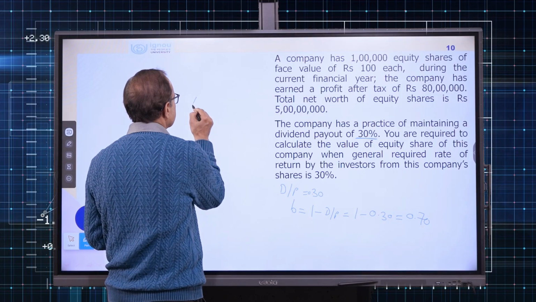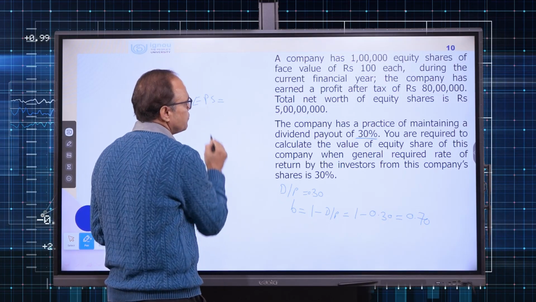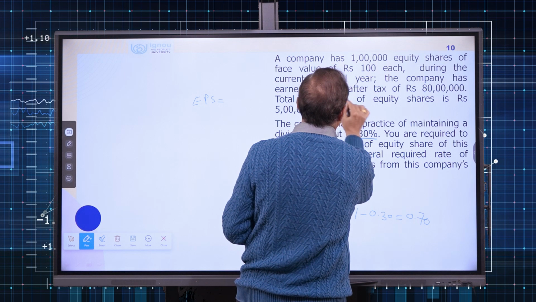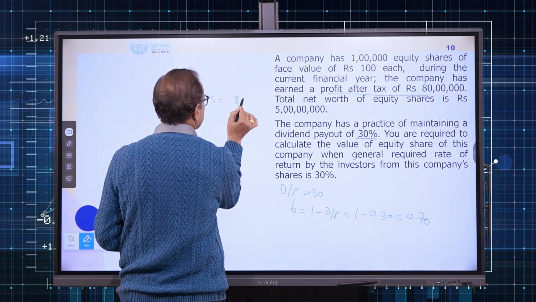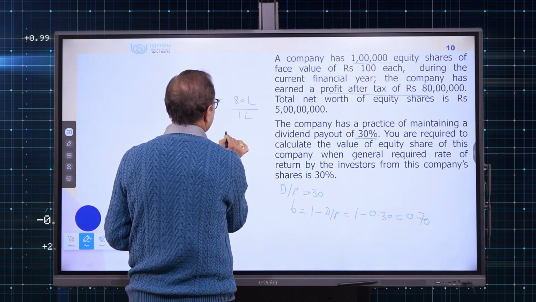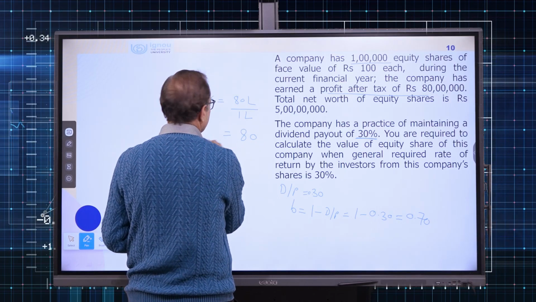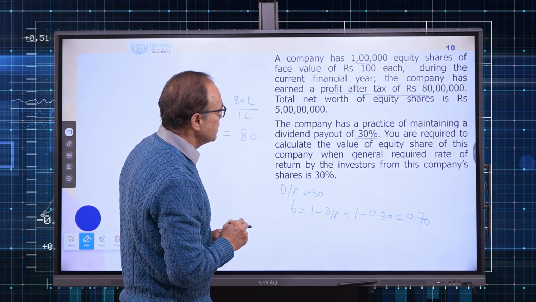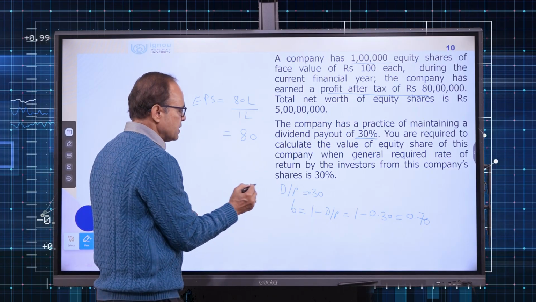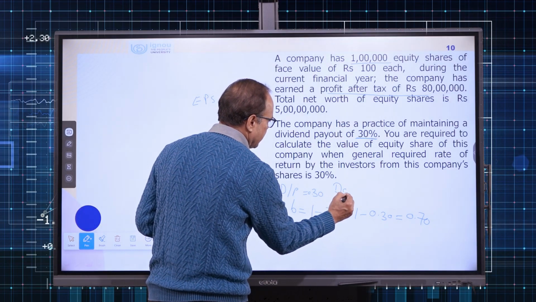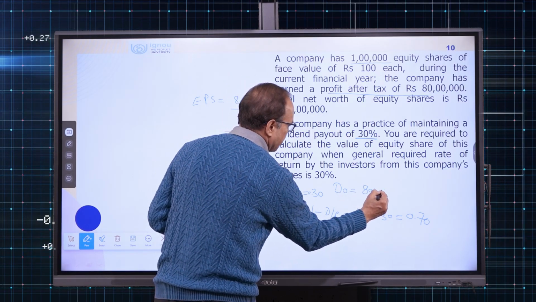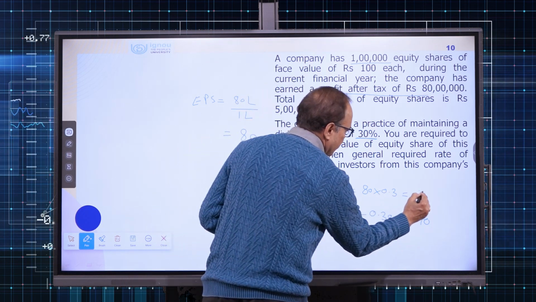Now, let us calculate EPS, earnings per share. We are given the profit after tax of the company, 80 lakh rupees, and there are only 1 lakh shares. So, rupees 80 per share is the EPS. It means how much is the dividend for the current year? 80 rupees multiplied by 30% is 24.